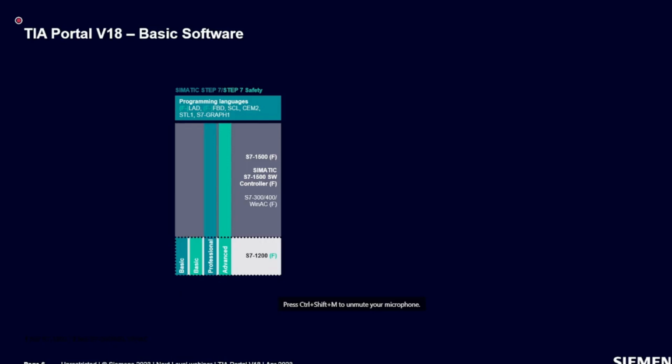If you have STEP 7 Professional, you can also configure our basic controllers. In addition, STEP 7 Safety Basic is used to configure 1200 fail-safe controllers, and STEP 7 Safety Advanced is used to configure our advanced controller safety.